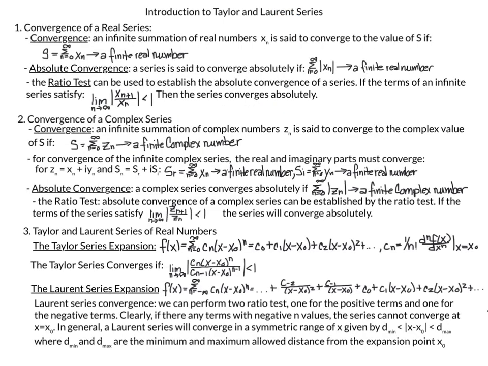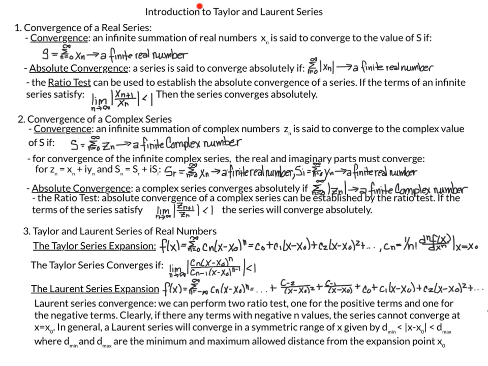To summarize what we have covered in this video, we started to introduce the Taylor and Laurent series. First, we talked about convergence of a real series. So we said that a real series will converge to a value of s if it converges to a finite real number. The sum is equal to a finite real number as n approaches infinity.